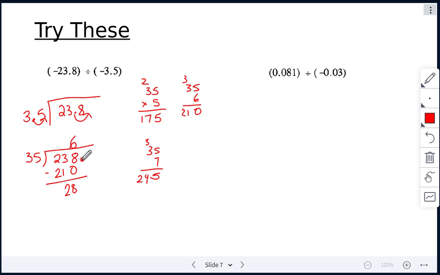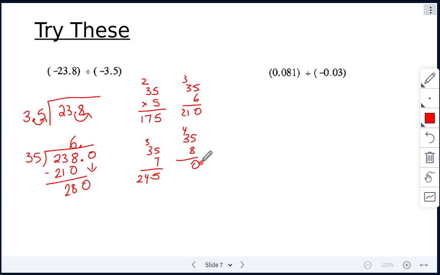All right, so this is when you have to put a decimal place there and start adding zeros and then bring down the 0. All right, and now we have to get to 280 without going over, and it's 35 times 8 that we can use.